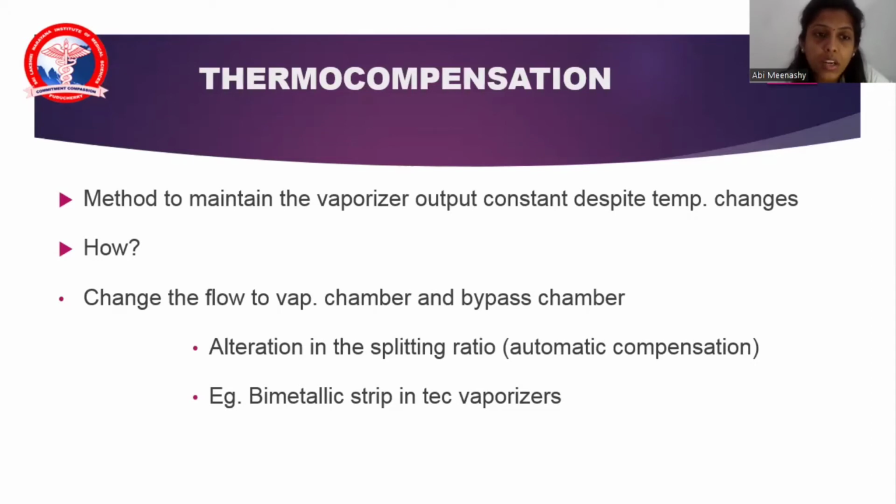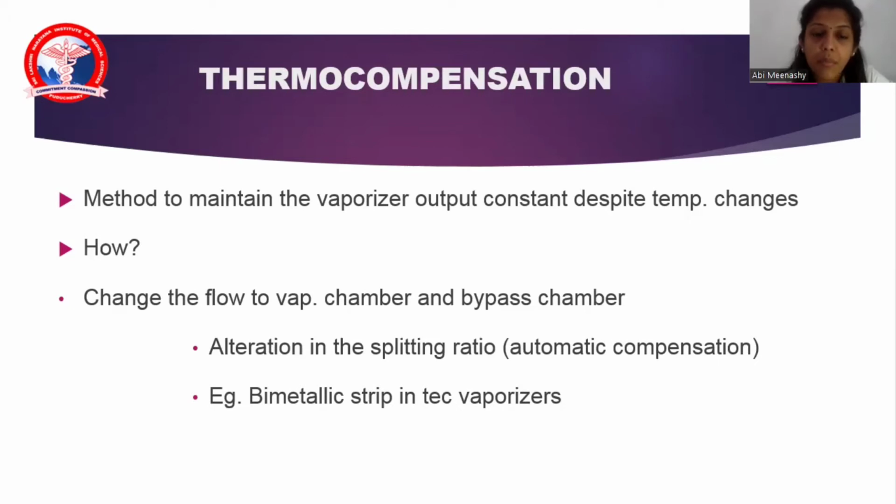So how do we do that? We change the flow of vaporizing chamber and bypass chamber by alteration with the splitting ratio. Like I told you, splitting ratio will decide how much of your fresh gas will go inside your bypass chamber and how much will go inside your vaporizing chamber.